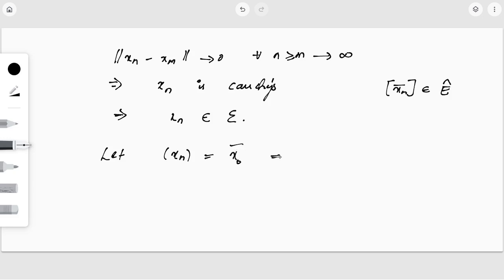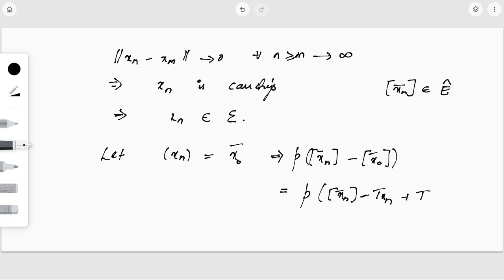Then what can we say? P of xn cap minus x dot cap is none other than P of xn cap minus, we are adding and subtracting Txn, plus T of xn minus x dot cap.